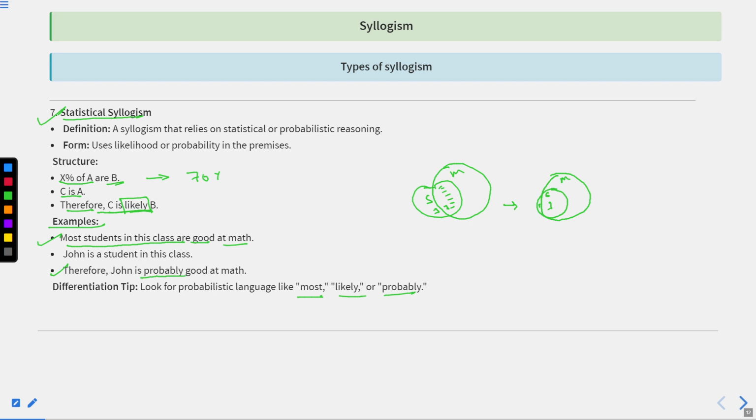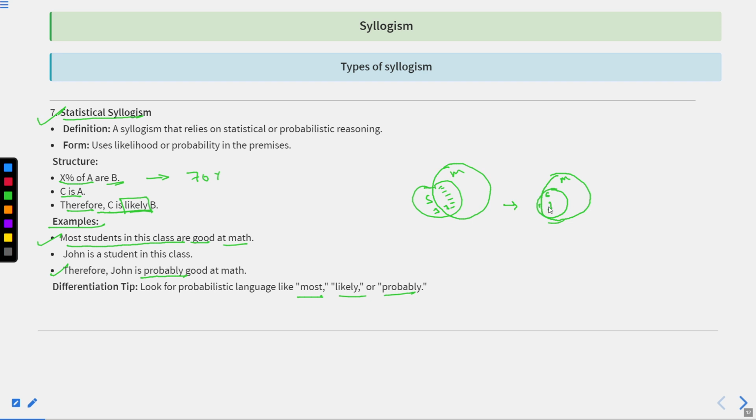Now you can see the word probably, meaning that it's not 100% sure. There is a possibility because John can be within the intersection, the overlap between the student and the maths, and he can be outside also. But since most of the students in the class are good in maths, that means the majority of the students are good.